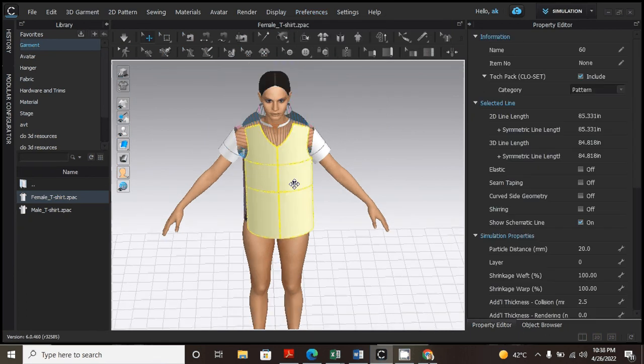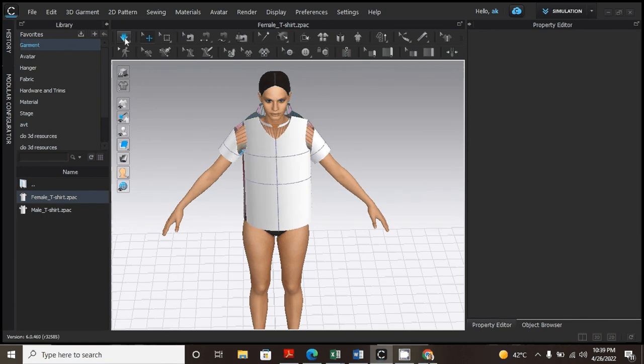One important thing is that you can see this is the select tool or move tool. When I go for the simulation process, this select tool will be replaced by the hand tool.